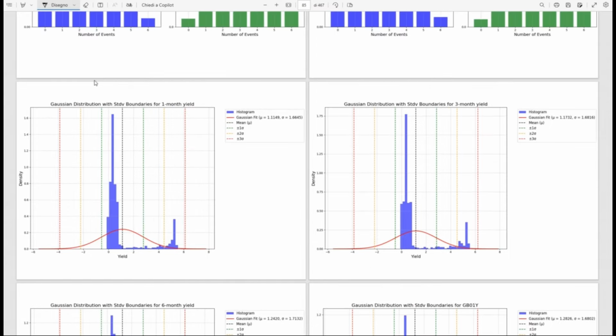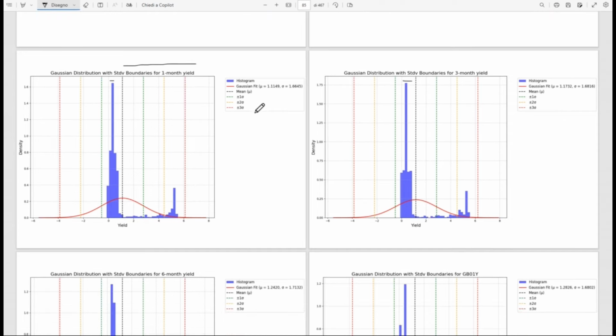Yeah, these are interesting because this explains the standard deviation distribution. Okay, most of the distribution, the higher density, is around the zero boundary, so not much volatility. All the lines, the green, the yellow, and the red dashed line, they are the deviation, 1, 2, or 3 standard deviations from the zero, the mean, the average.